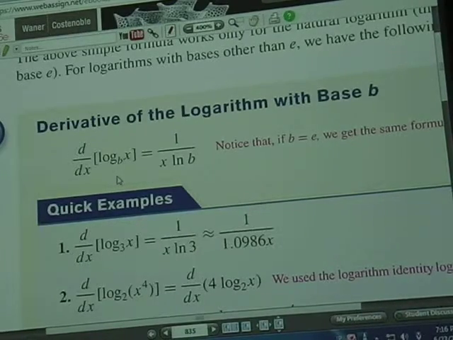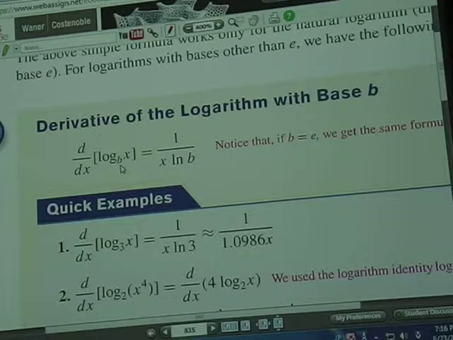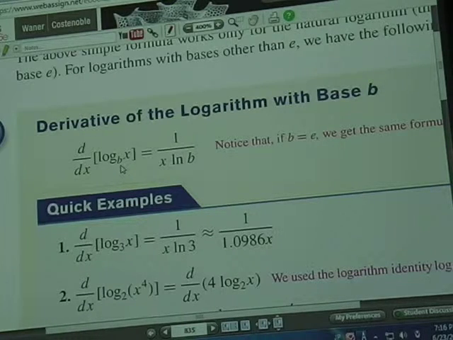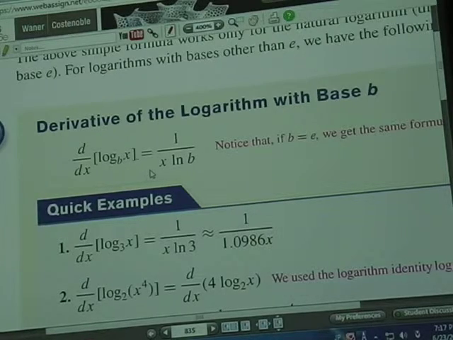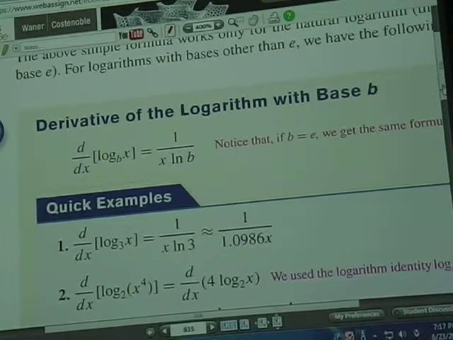Everyone agree with that? If b is equal to e, then this becomes the simpler rule, but this applies not just for b equal to e, but for b equal to many different things. Okay? Alright, so we have that rule.